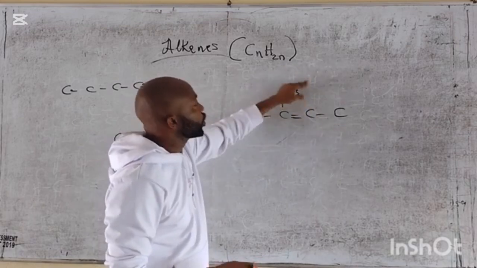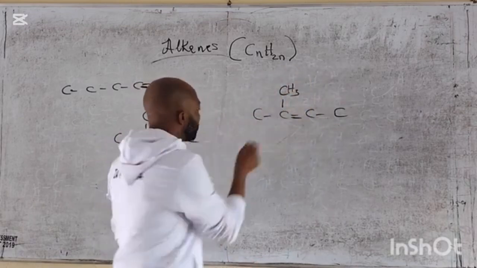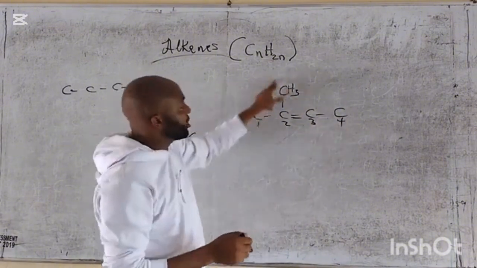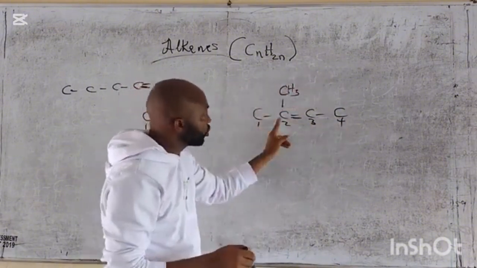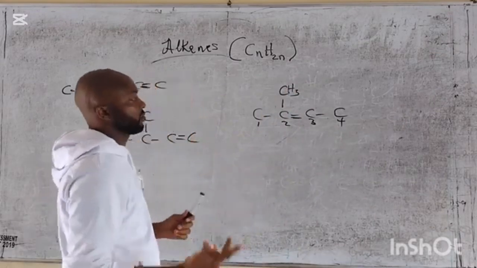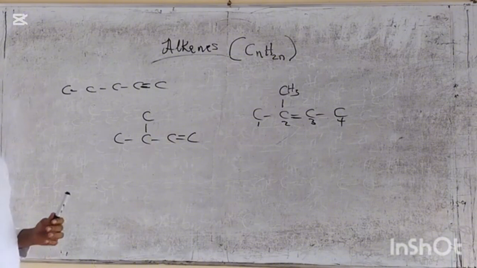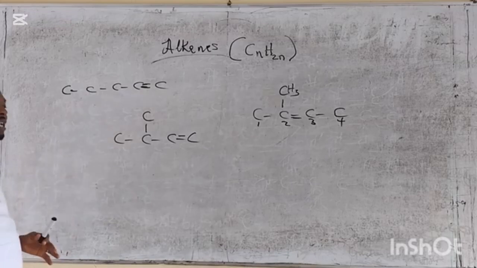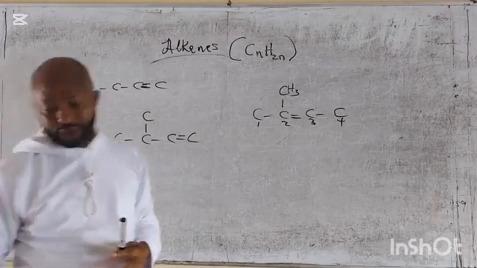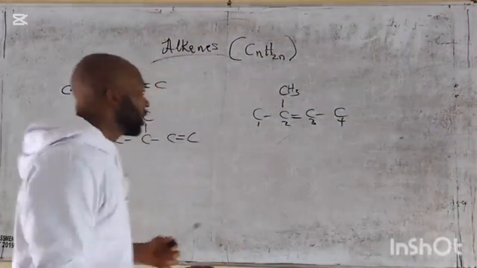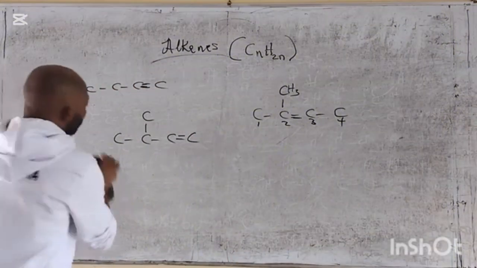So I have 2-methyl, 1, 2, 3, 4, 2-butene. So this is also structural isomerism. We should see the structure to be different. And now the last one is geometric isomerism, which is very peculiar to double bonded compounds. Let's see an example of that quickly.